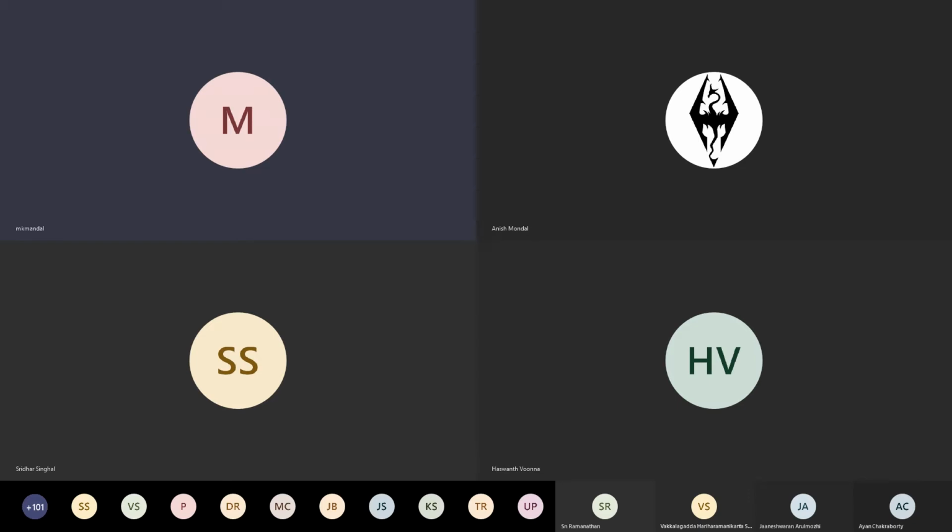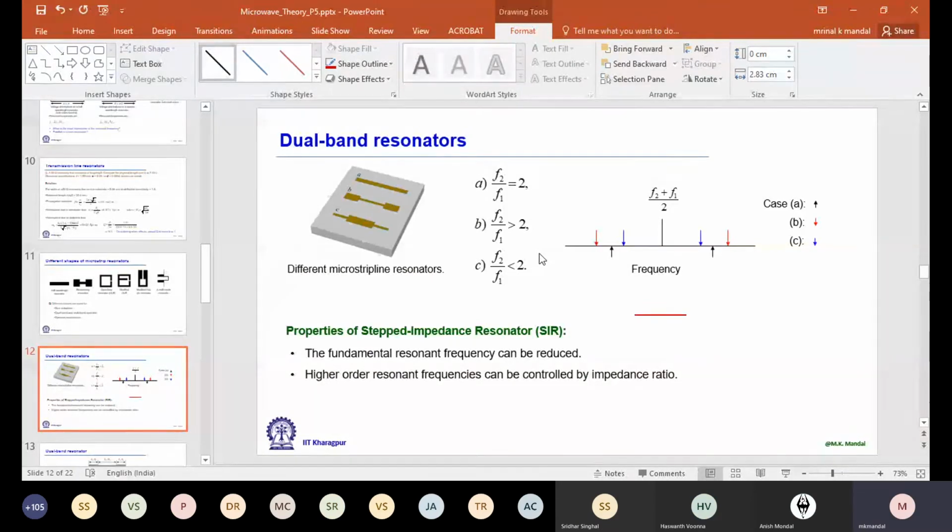So then we can have the resonant condition from this. And if we do that, we'll get the general condition for all the resonances, fundamental and its harmonics. Now we are going to compare case A, B, and C, these three cases.